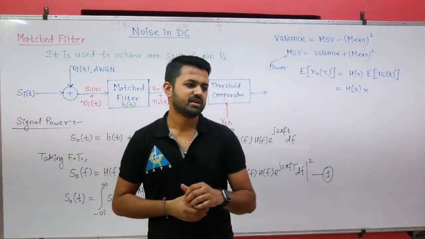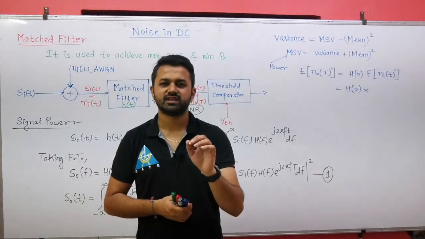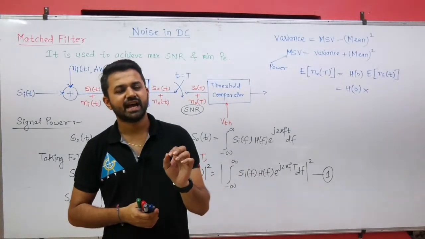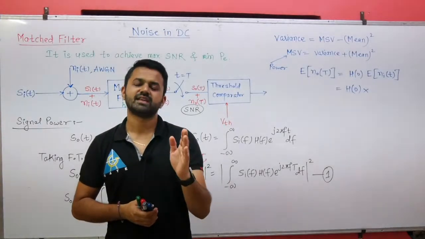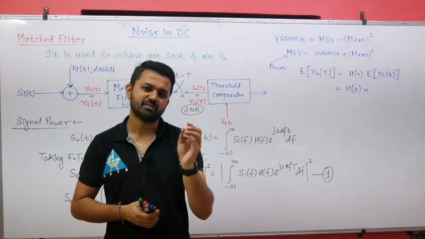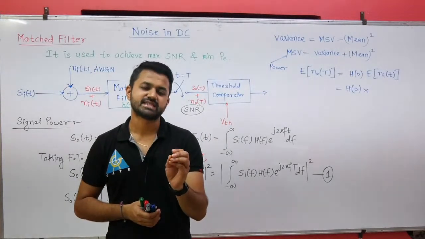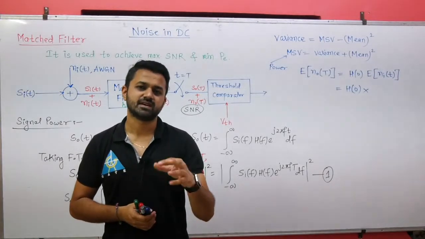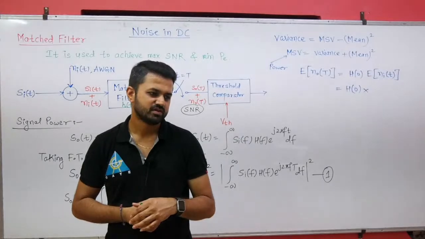Okay, so tell me, can you recall this one? We have studied that in the power spectral density, if there is an impulse in between 0 minus to 0 plus in power spectral density, then only we will get some mean value, otherwise the mean value is 0. Do you remember this?